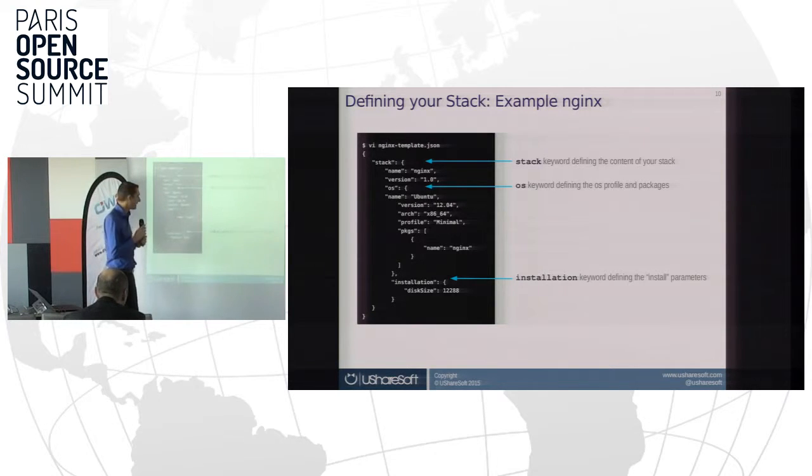Hammer and the UForge server will manage the package dependencies for you, so you don't need to know what ngx needs. For example, if I want to deploy WordPress, I just set the RPM WordPress here, and it will automatically grab the dependencies like Apache or MySQL.